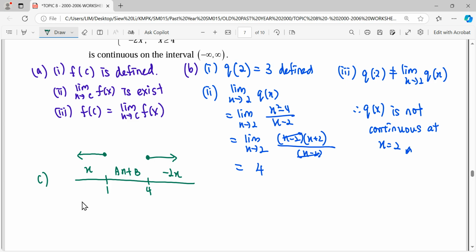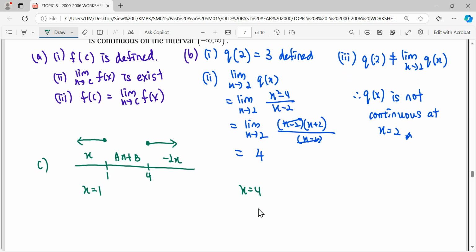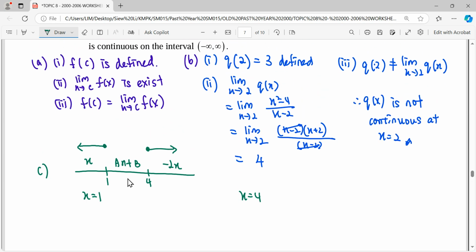So when we write the continuity equation at x equals 1 and x equals 4, make sure we not only write limit left hand side equals right hand side. That only shows the limit exists. For continuity, you must show the limit exists and is the same as the point.